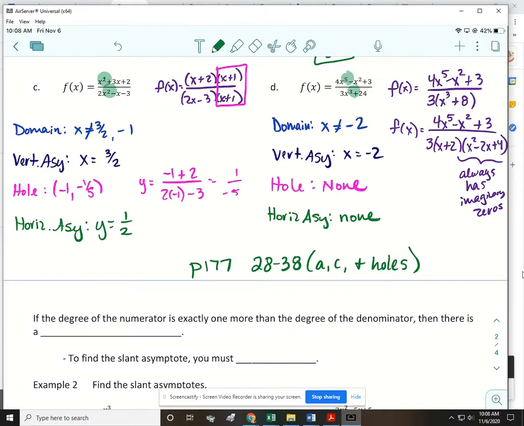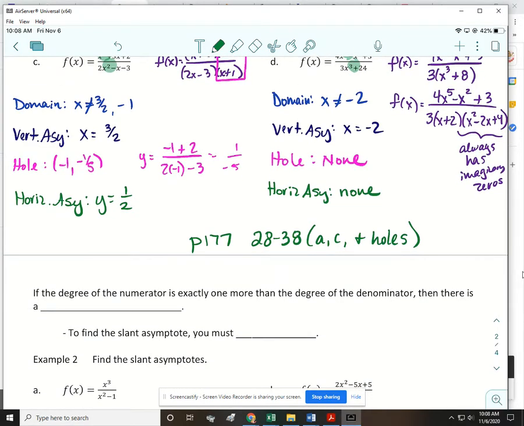So I want you to make sure you do it, but on these, all we're doing is the A part, the C part, and the holes. I'm pretty sure that's just going to be the domain, the asymptotes, and the holes. Exactly what we did on these notes.